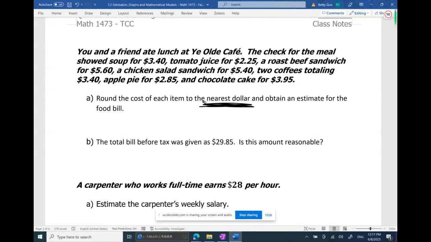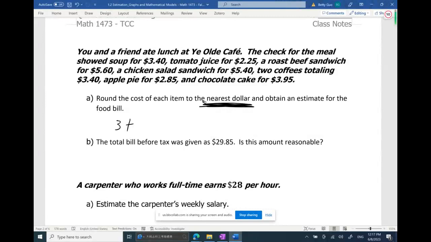In this part A of the question, we need to round all the numbers, they are decimals, right? To the nearest dollar. And then add them up to find the bill of this meal. Okay, let's do that. We should be able to do that in our head, right? 3.40 rounded to 3.